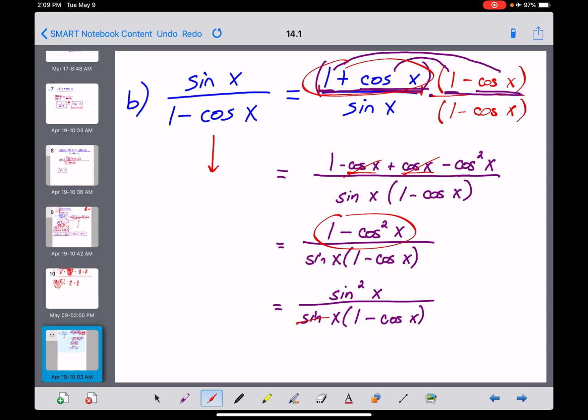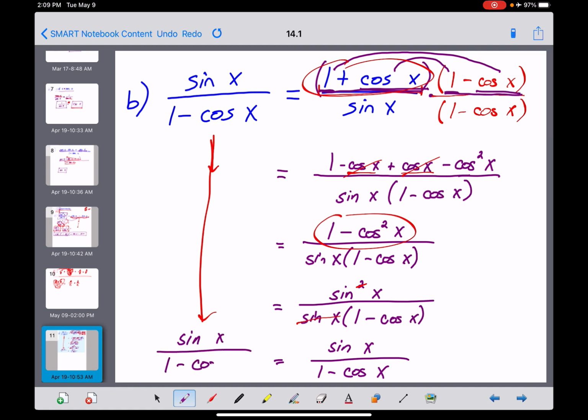That means that this sine of x cancels with one of the sines of x on the top, but not both of them, leaving us with just one sine of x factor all over 1 minus the cosine of x. And that, ladies and gentlemen, is exactly what we wanted this right side to now become to match the left side. Sine of x over 1 minus cosine of x. And that's the verification of this trigonometric identity that we were looking for.